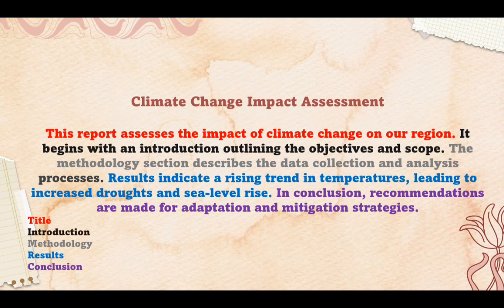This is the example of report text, and for the structure of this text we have title in the red one, introduction in the black one, methodology in the silver one, result in the blue one, and conclusion in the purple one.